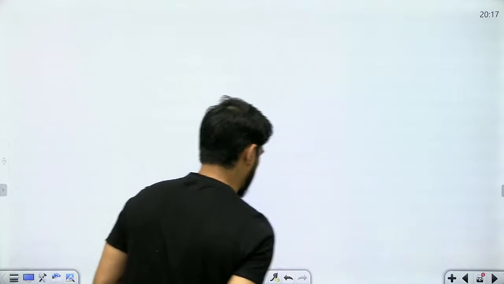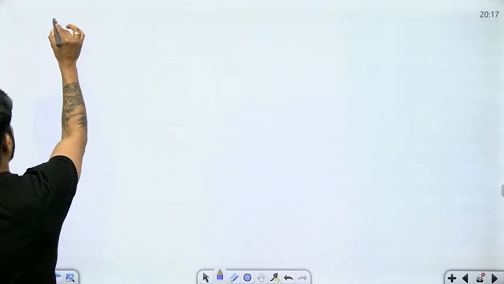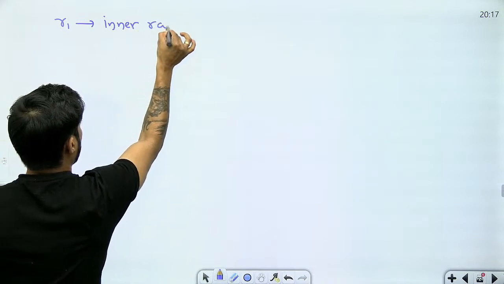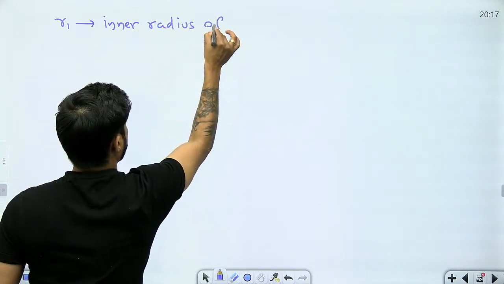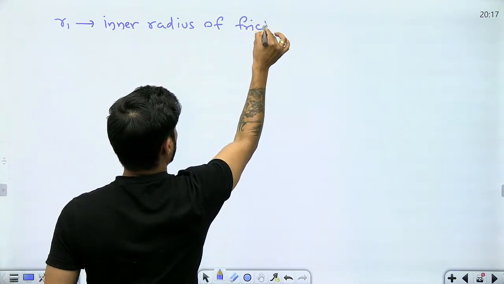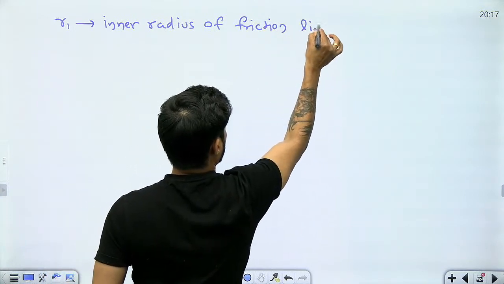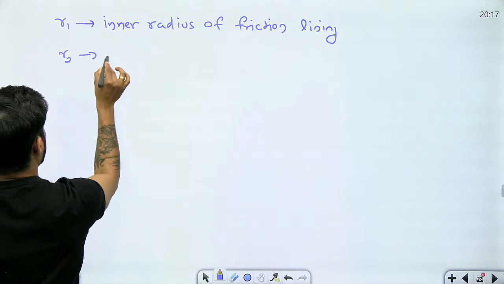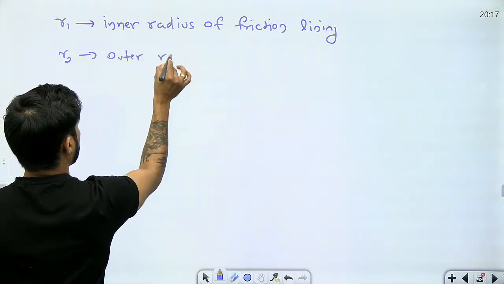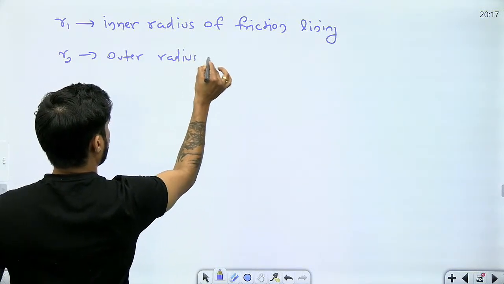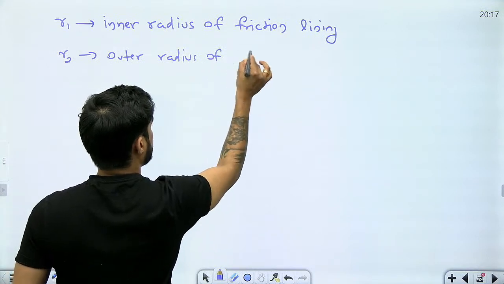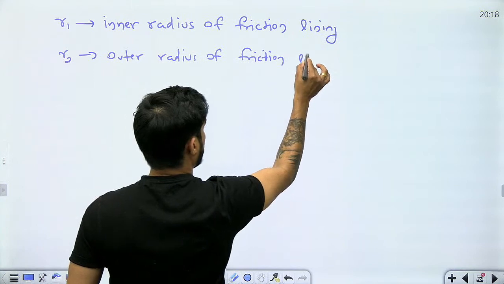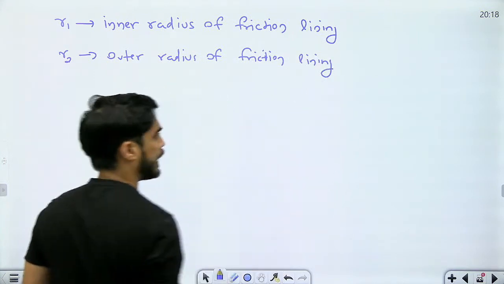So R1 is the inner radius of the friction lining and R2 is the outer radius of the friction lining.